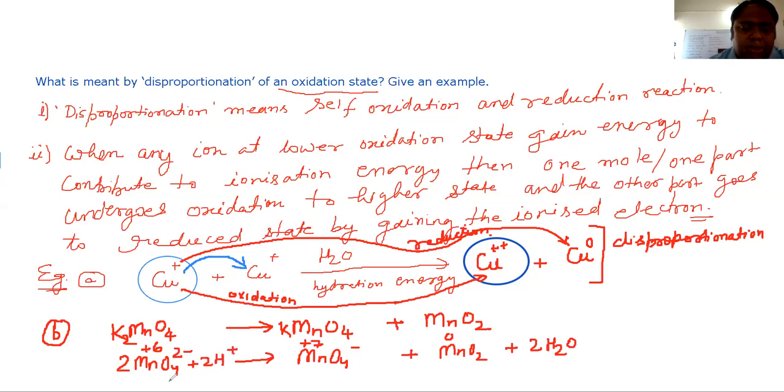So here also you see that this is oxidation, whereas this is reduction, isn't it? So here also what is happening is oxidation and reduction reaction is taking place.